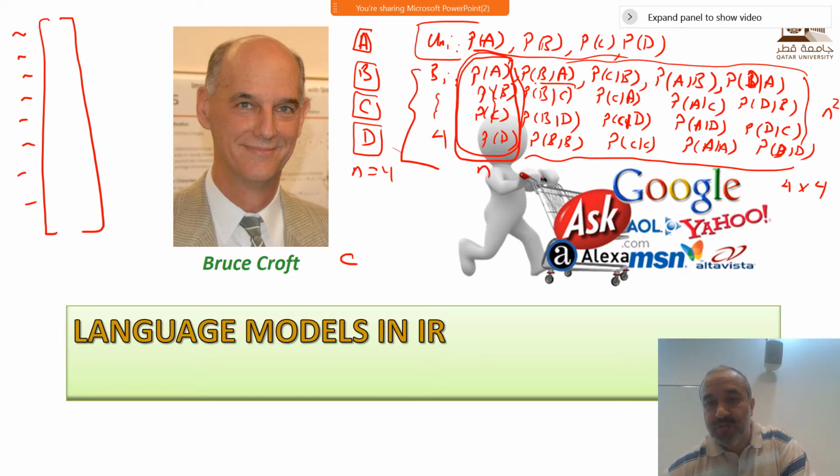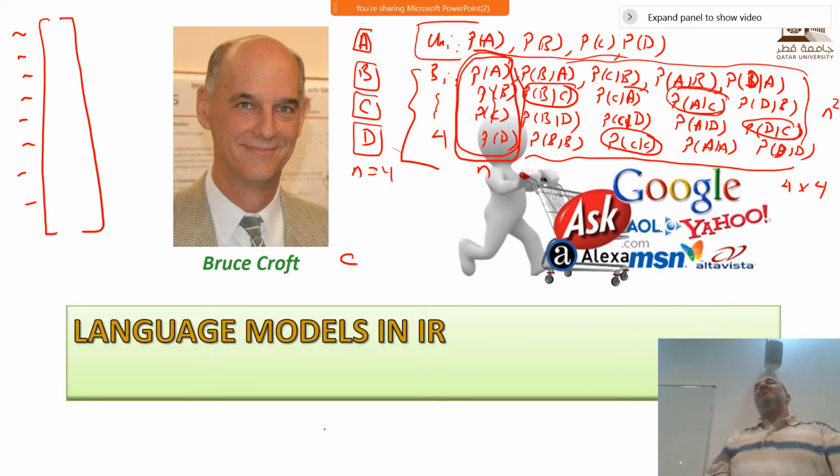So this one, this one, this one, and this one, right? So based on this probability distribution, we pick one randomly, not uniform, based on these probabilities that we estimated. Okay. So let's say that we selected B.